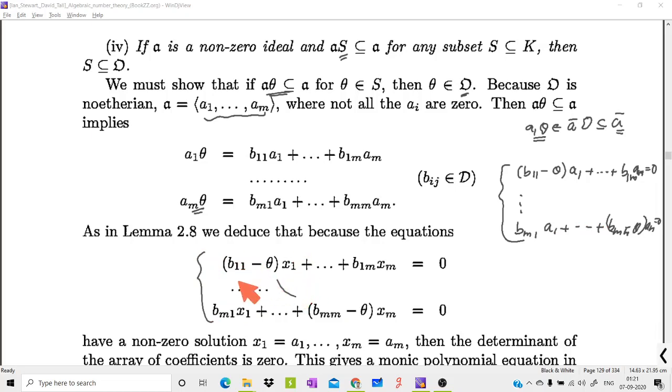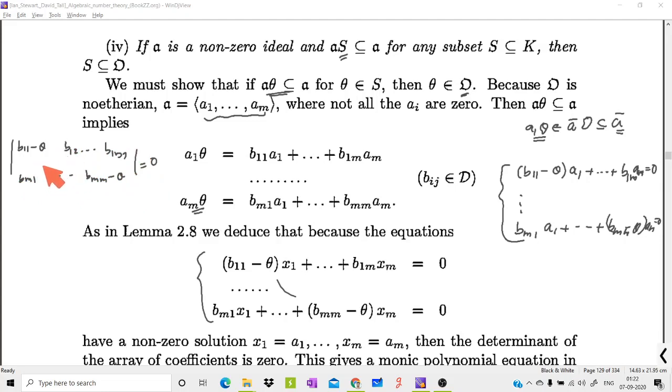Okay, this would imply that the determinant of the coefficient matrix of this system is 0. Now we can say that the determinant with b11 minus theta, b12, etc., b1m, this is the coefficient matrix here, and bm1 etc., bmm minus theta, this determinant is 0.